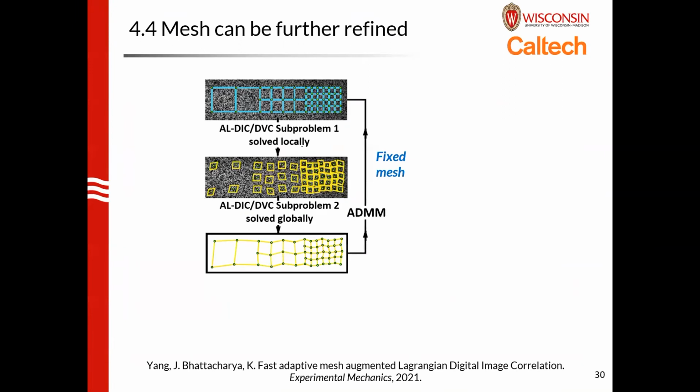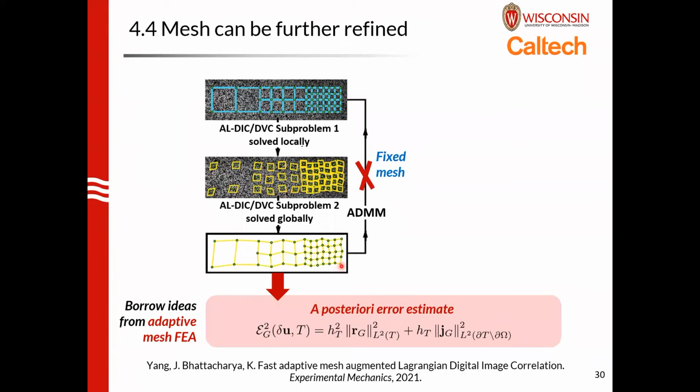I also want to highlight that all these adaptive quadtree meshes can be further refined or adaptively modified. For example, I start from the current DIC mesh. I borrowed ideas from the adaptive mesh finite element method.